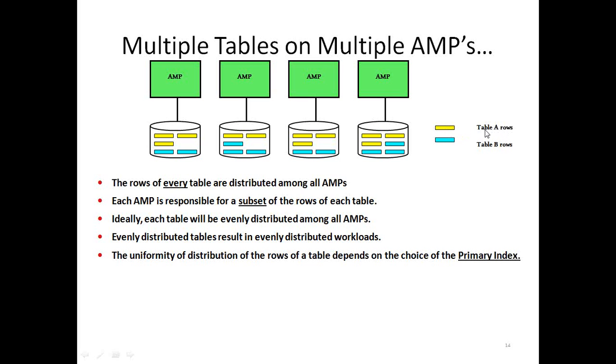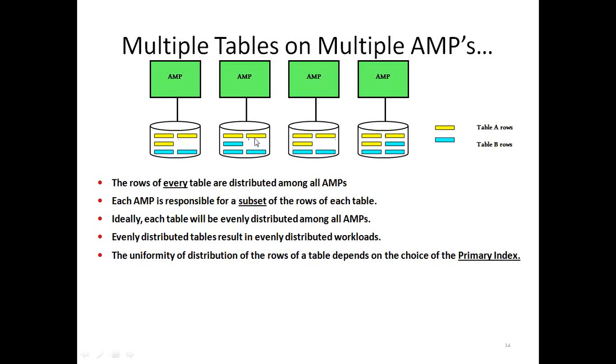So all yellow color rows are of table A, all blue color rows are of table B. Okay, so how are they distributed across all the virtual disks or all the virtual amps. Okay, so see, 3 records in amp 0, 2 records in amp 1, 3 records in amp 2, 3 records in amp 4 for yellow records. Okay, so it is almost even distribution, right?